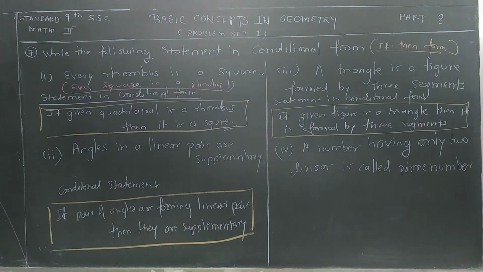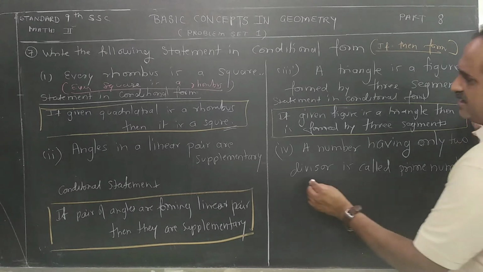Got it now? Then, a number having only two divisors is called what? Prime number. It is very easy.